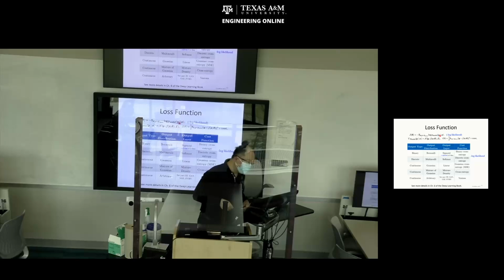Here I want to talk about the choice of the loss function, tied to the kind of predictions you want to make and the desired output distribution and the choice of the output layer, okay?